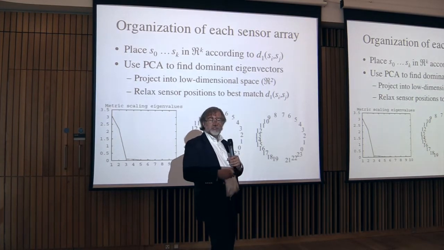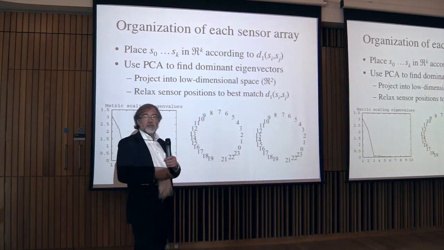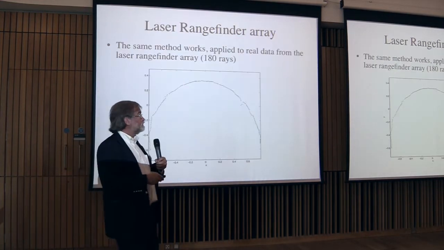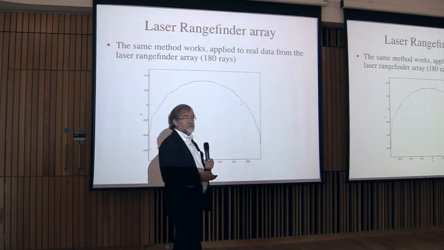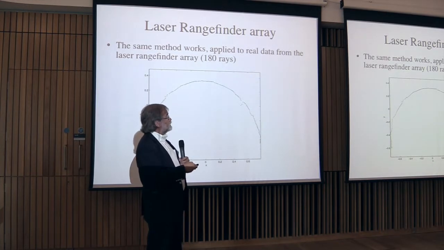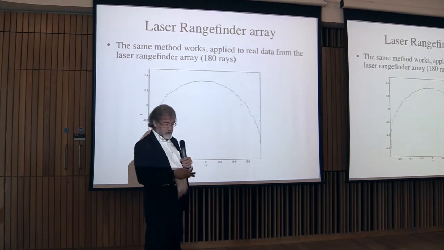There are noticeable changes, but it's hard to find them. We'll see another example that'll give something better. We also applied the same method to real data from the laser rangefinder, and it found this structure for those sensor rays.